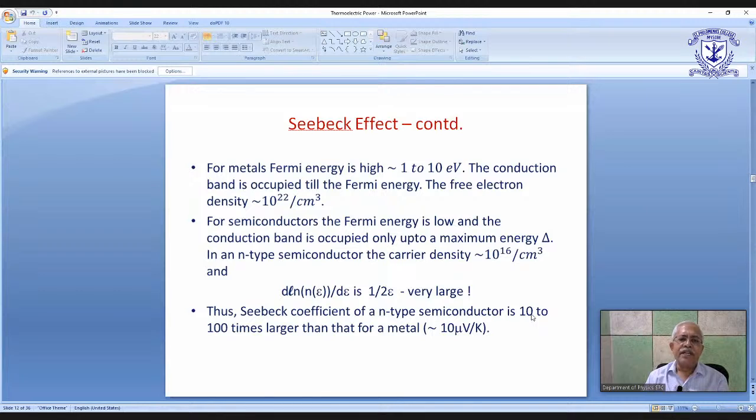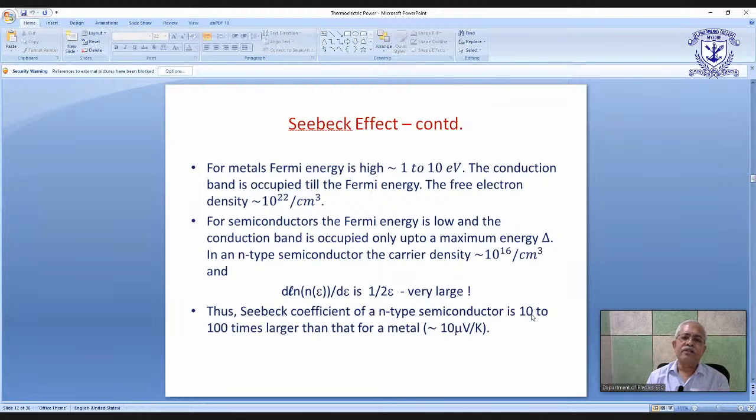Now for a metal, we have seen earlier that the free electron density is something like 10 to the power of 22 per centimeter cube. As I mentioned, the big difference between a semiconductor and a metal is there is no band gap in metals. So the conduction band and valence band are a single band. There is no band gap.